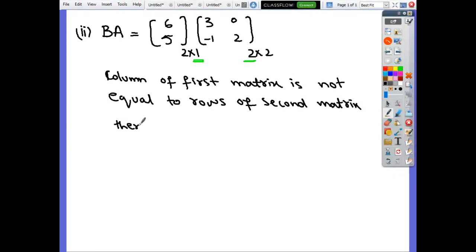Therefore, product or multiplication is not possible.